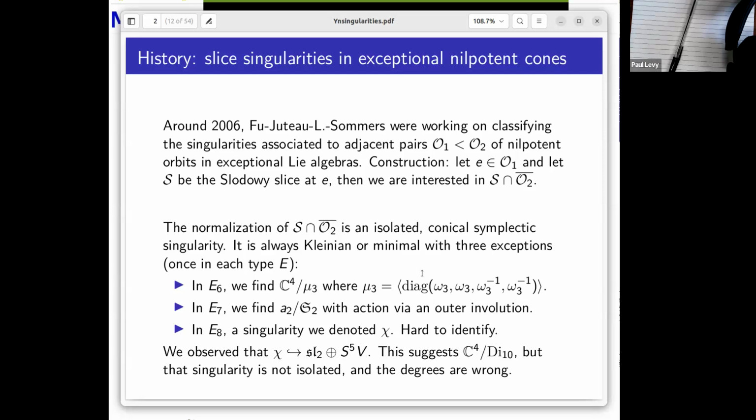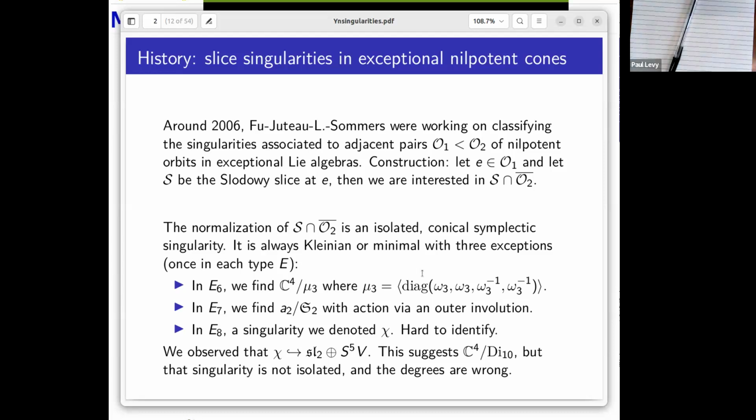Now, as we'll see in a moment, that is quite similar to the quotient of C4 by a dihedral group of order 10. But that quotient has three strata. It's not an isolated singularity because there are reflections that fix points. Why does that suggest C4 mod dihedral 10?